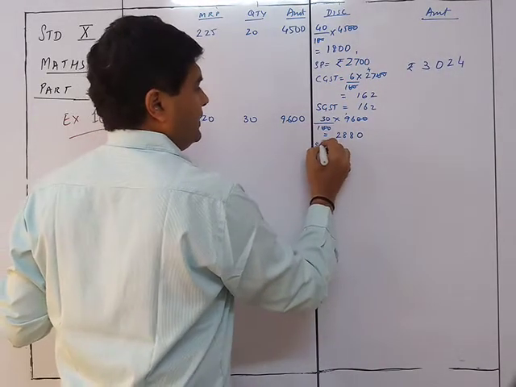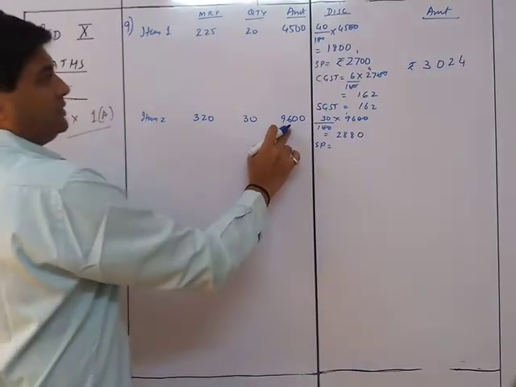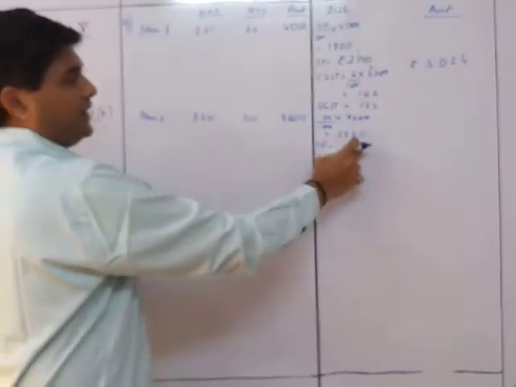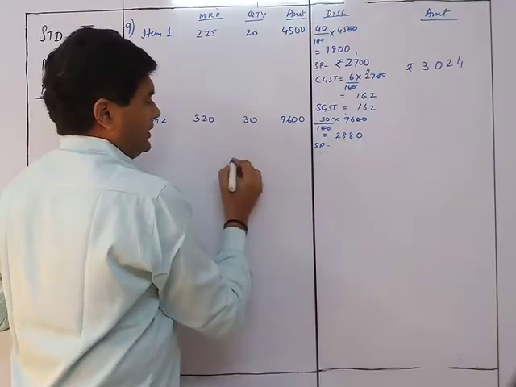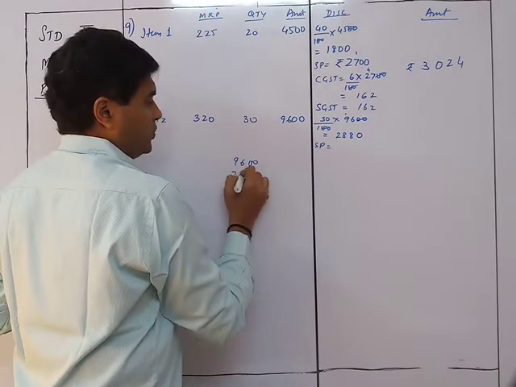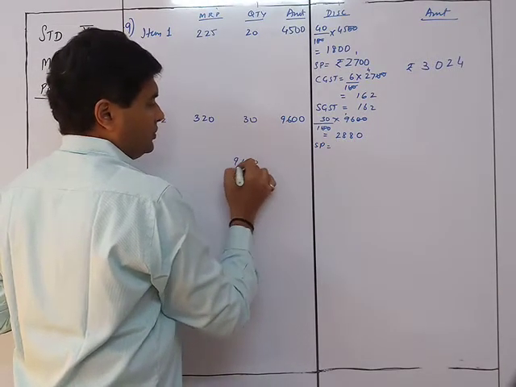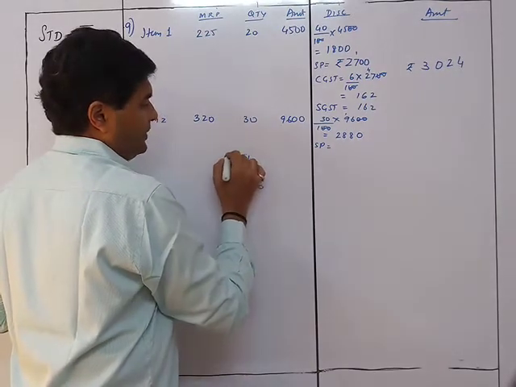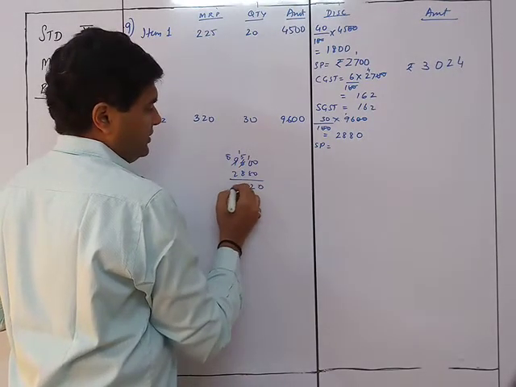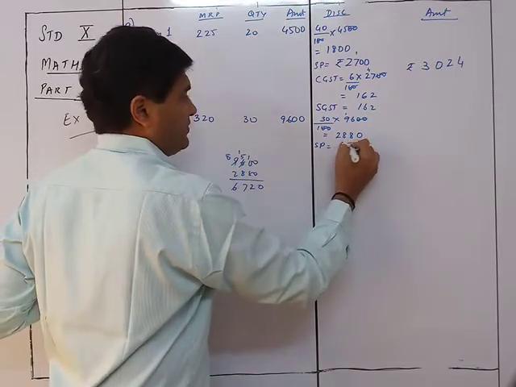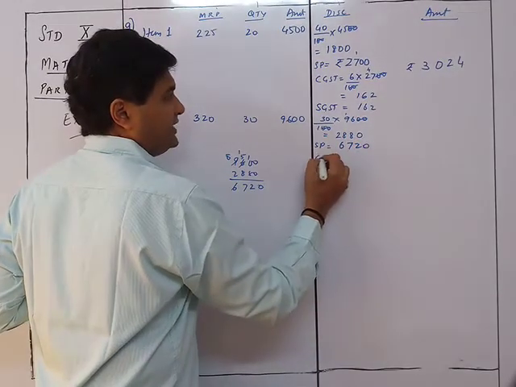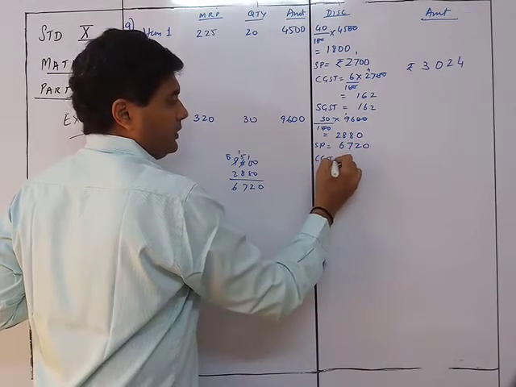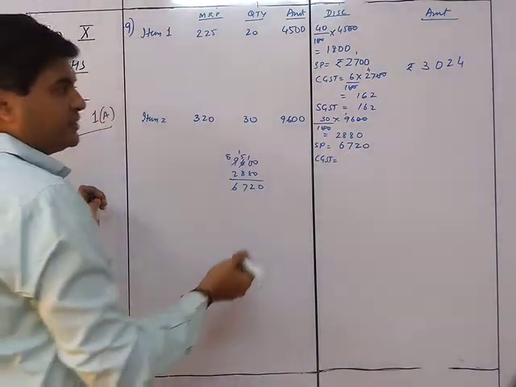Therefore SP will be equal to 9600 minus 2880, so it's 6720. And CGST, they are given again the same thing, 6%.